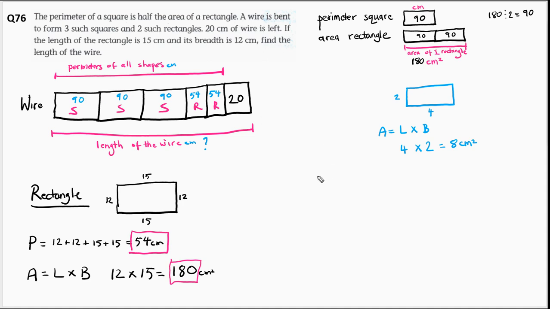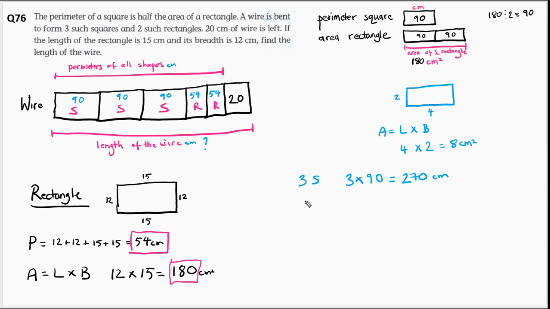So we've got 3 squares, so that's 3 times 90, and that is 270, of course. And this is centimeters. We can just think 3 times 9 is 27. 3 times 9 times 10 is 270.